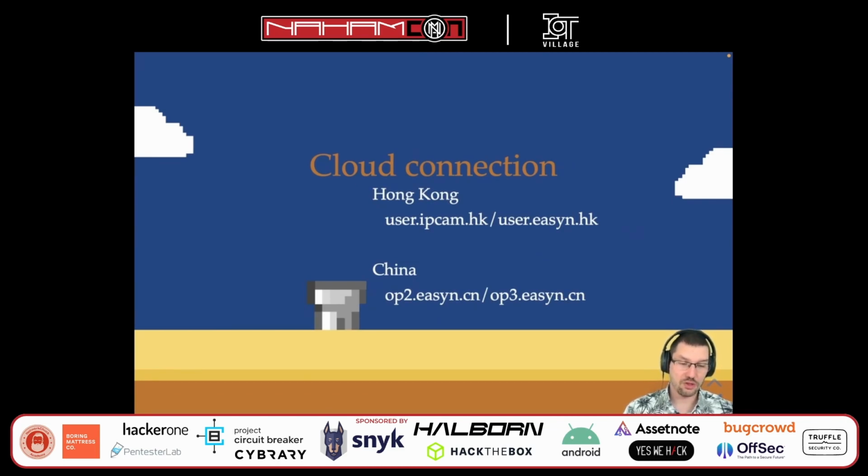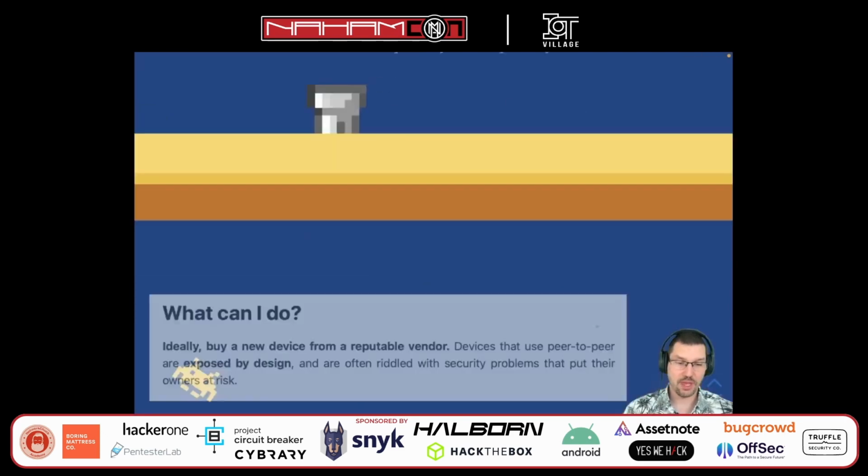Yeah, and talking about the cloud connection, it's very interesting that the servers for the cloud connection are under Hong Kong and China domains, which is pretty bad because depending on the network of the IP camera and the client, if both devices are behind NAT, it means that the whole camera stream and everything will go through these cloud servers. Yeah, not good.